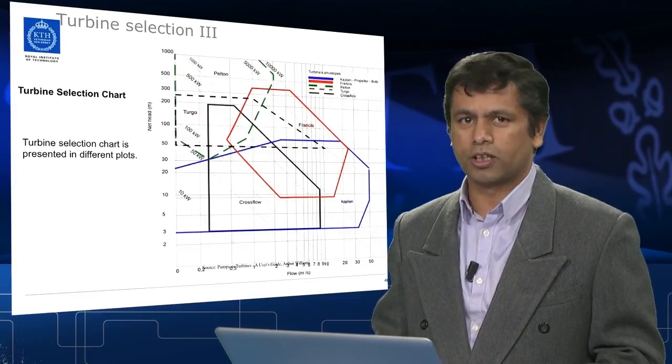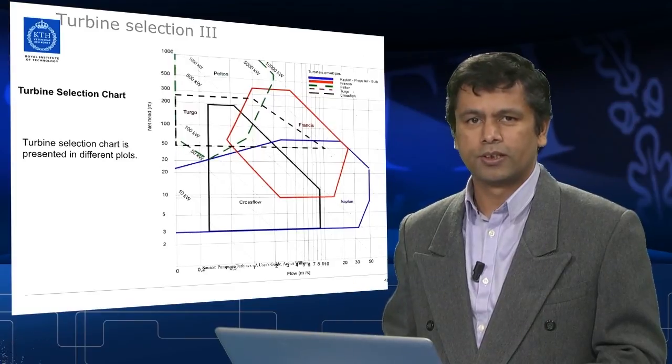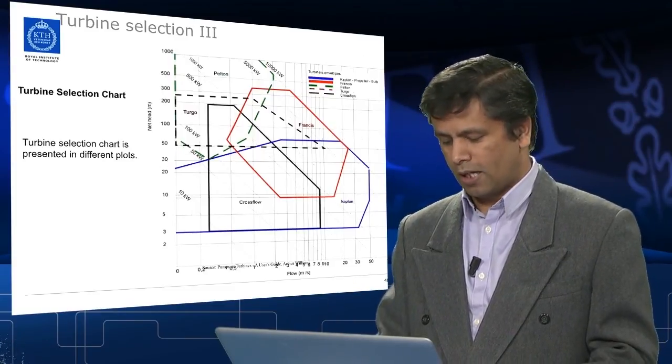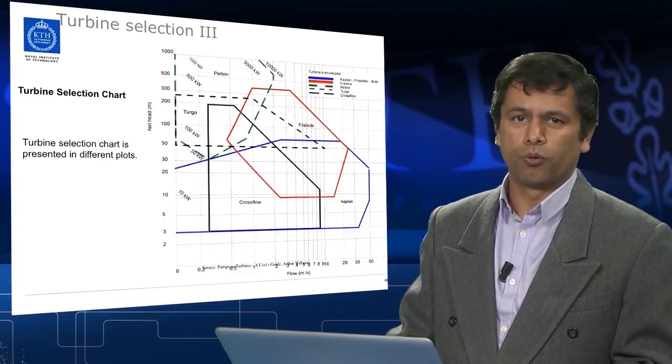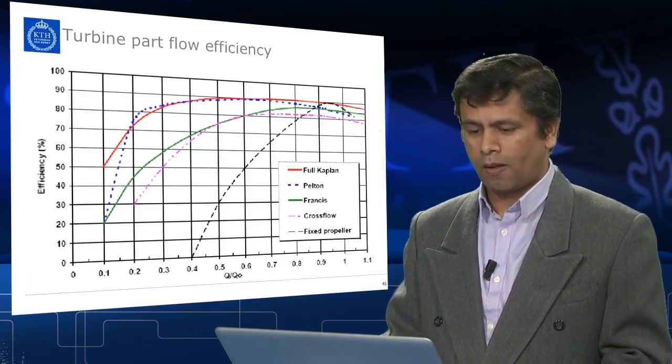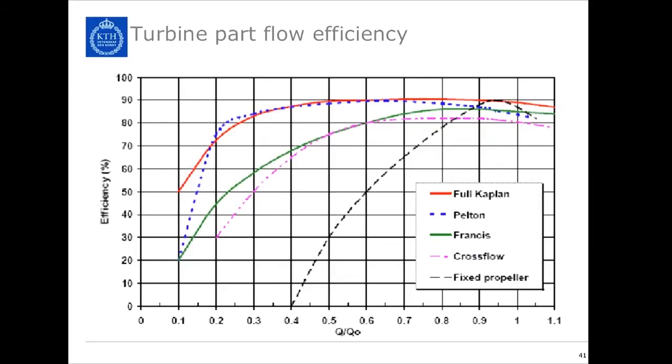other characteristics of the turbine that might influence the selection, and one of them is the part flow efficiency. Here you can see the different turbines, and they have different efficiencies in the part flow.